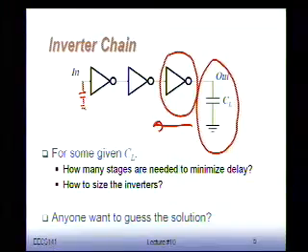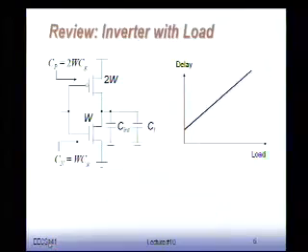But in order to derive that optimal solution, I first have to build a model. I'm going to build a simple model that allows me to write down some equations of the delay of this circuitry here and apply some optimization or some analysis on it. So the model, if you look at an inverter, the delay model is actually quite straightforward.